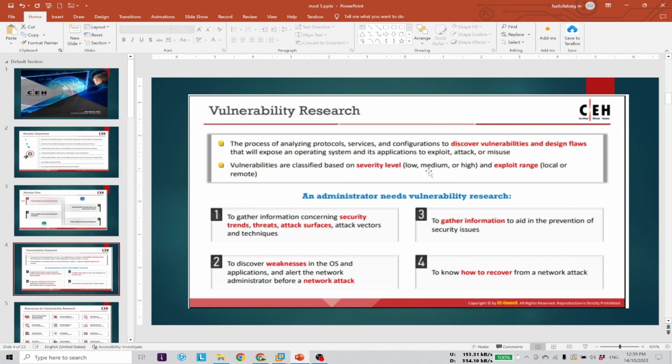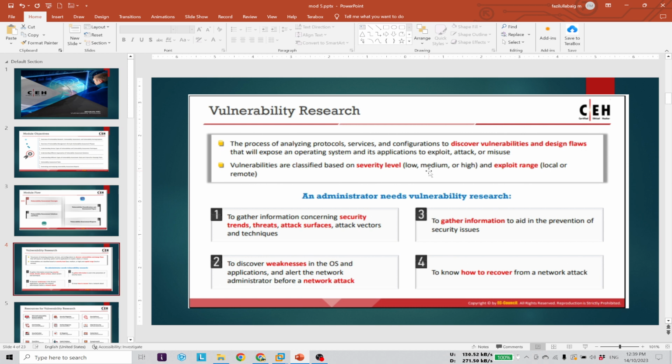So when we are going to exploit, how can we exploit locally? There are exploits. What are exploits? Exploits are nothing but a bunch of code which makes an attacker able to compromise a particular vulnerability, locally or remotely.